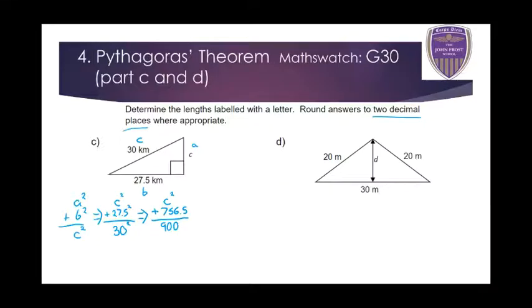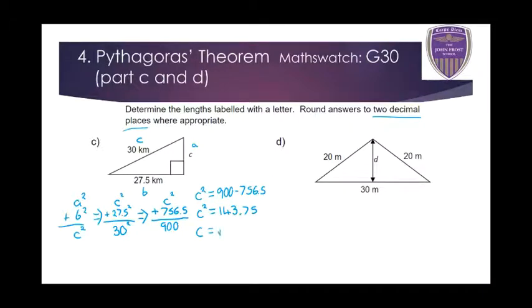So we need to find the difference between 756.5 and 900. So we'll take the small away from the big. So C squared is equal to 900 take away 756.5. Therefore, C squared is equal to 143.75.